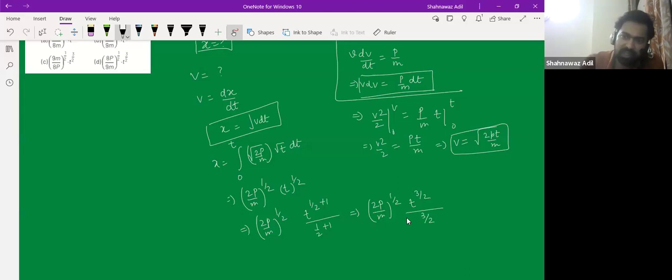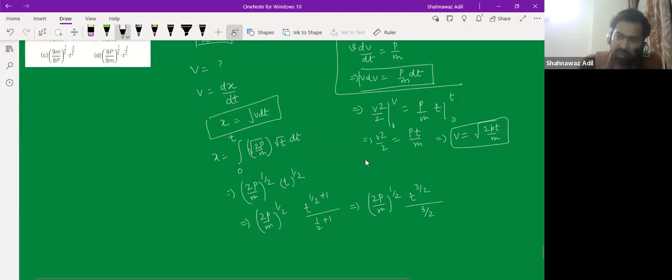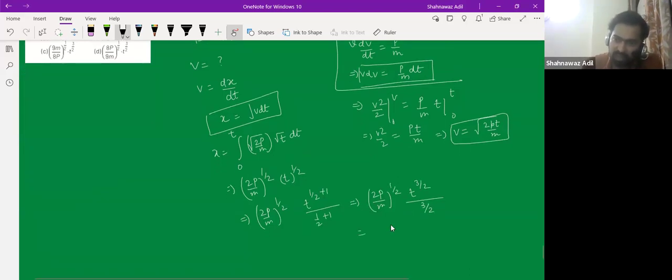So how do you write this thing in root? So this thing is 2p by m. The 2 will go in here, and I can write this thing as root of 9 by 4, or I can write this as 9 by 4 power half.